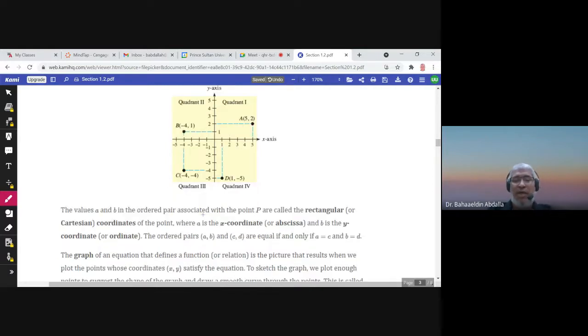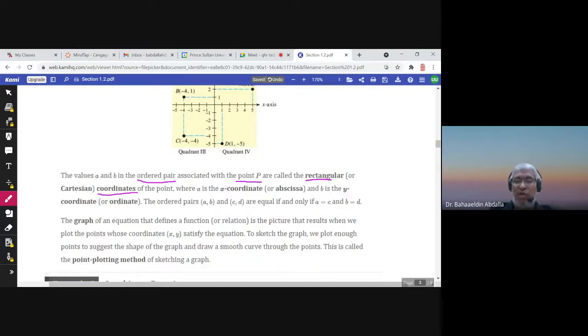Now, each point is associated with an ordered pair. The point has an ordered pair, and this ordered pair is called the rectangular or Cartesian coordinates. The x coordinate is the first value, and the y coordinate is the second value of the ordered pair.